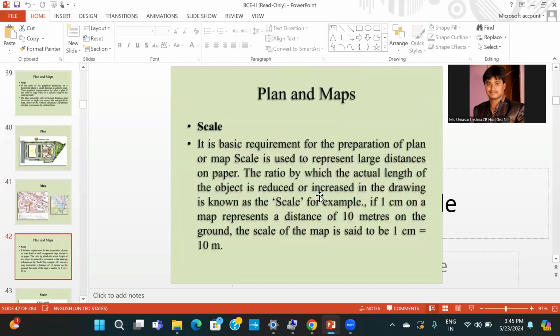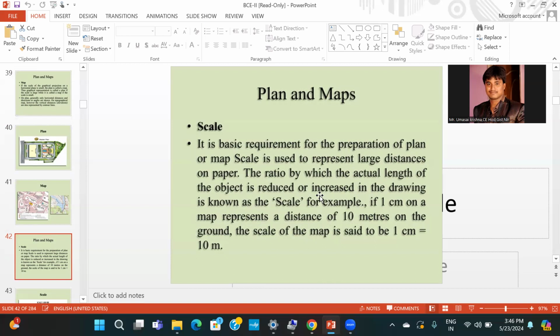Scale is a basic requirement for the preparation of a plan or a map. Scale is used to represent a large distance on paper. Generally, you can see 10 meters on the ground, we will represent as 1 centimeter on paper. That is nothing but considering a scale.